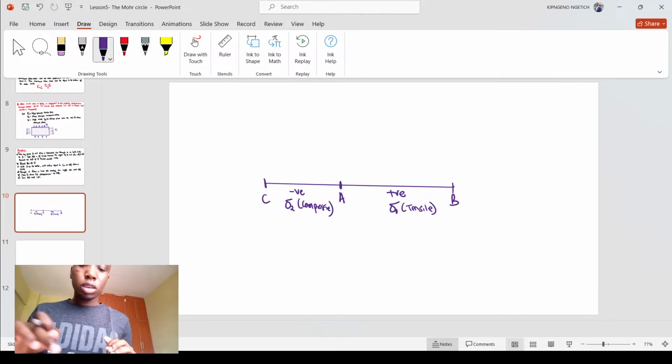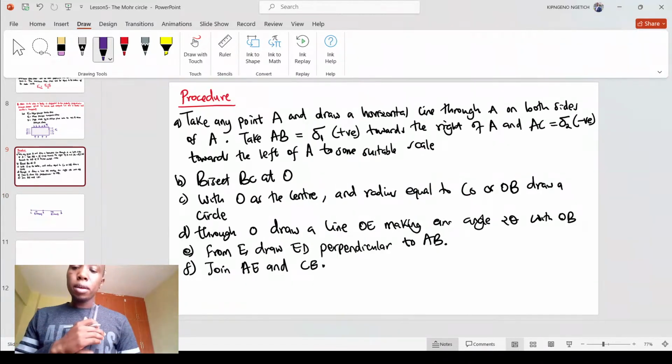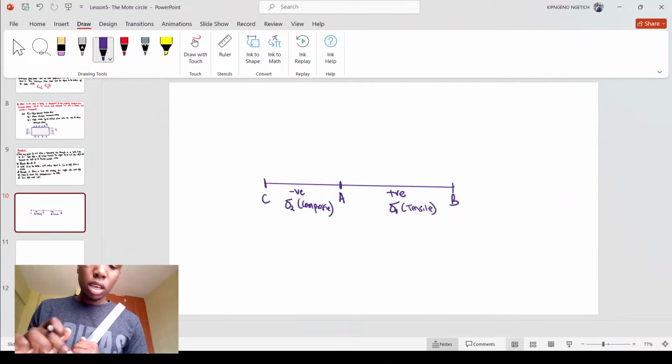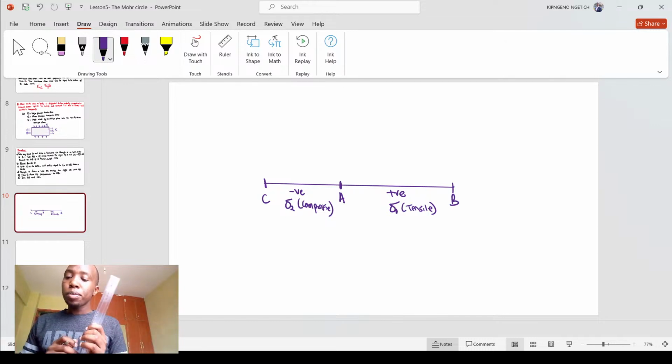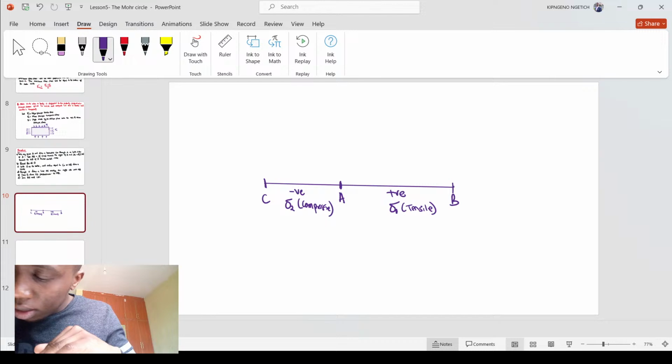Very good. Now, bisect BC at O. Let me use my ruler.